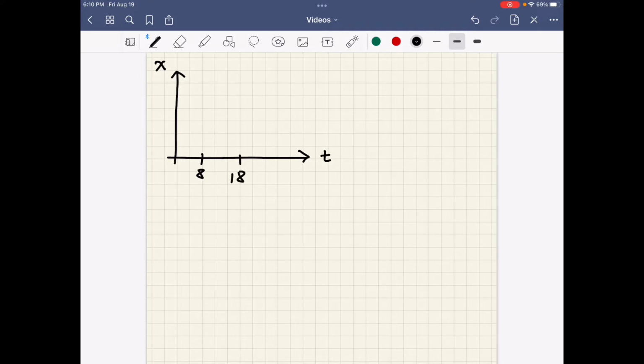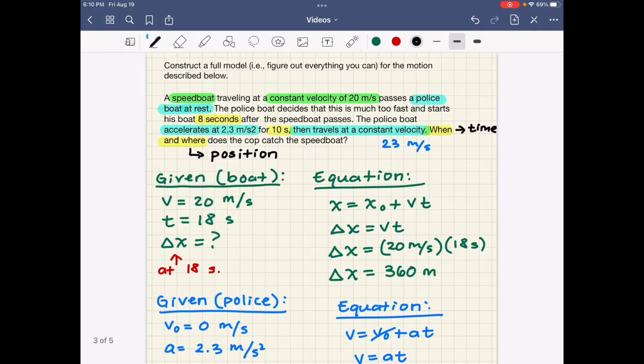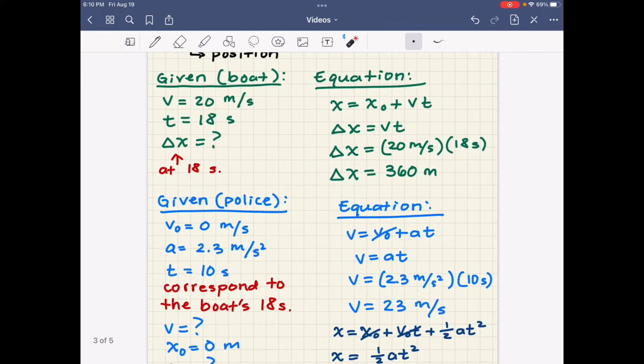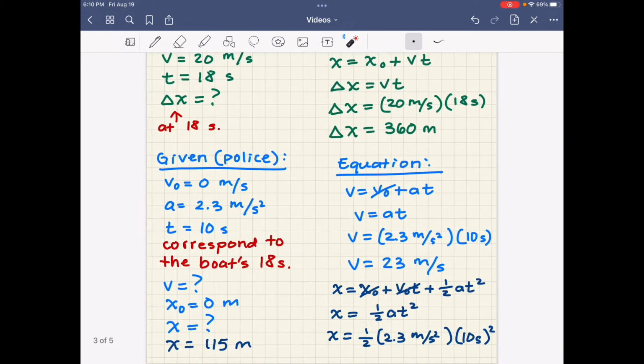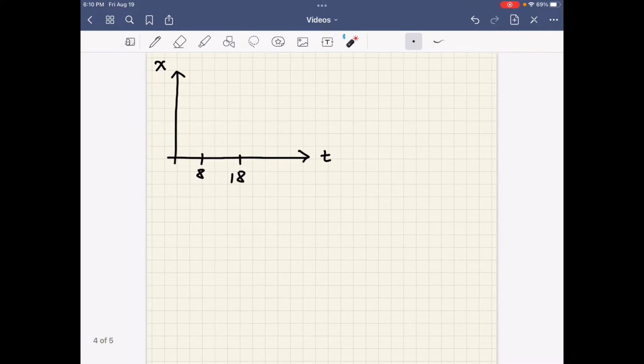Actually, I'm going to need to extend this one. Well, no, that's fine. If we go back to the displacements, we have the final position of the boat, which is 360, and then the position for the police, which is 115. So let's add them up over here.